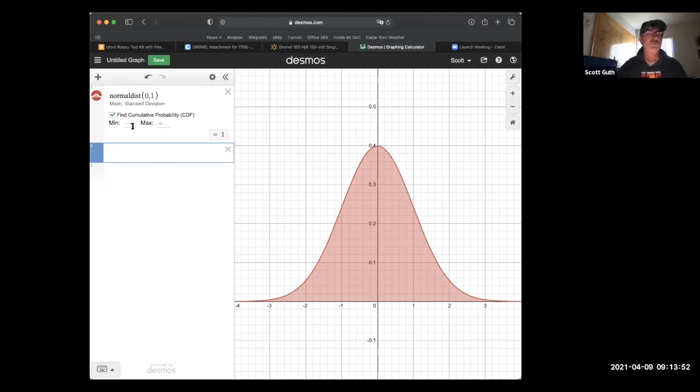Now, all you have to do is put in mins and maxes, and you can just keep reusing this. On the first one, the max had a z-score of 1.33. If you just type in 1.33, you have the probability 0.9082 right there, which is what we typed in for the first answer. Any question about that?